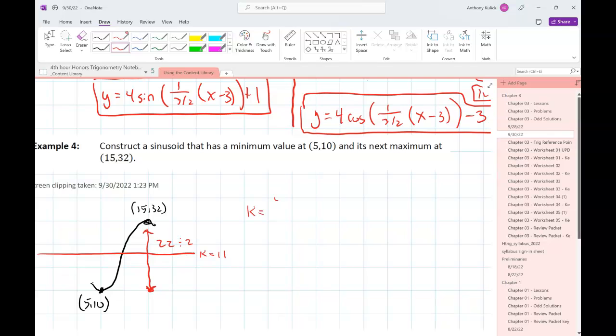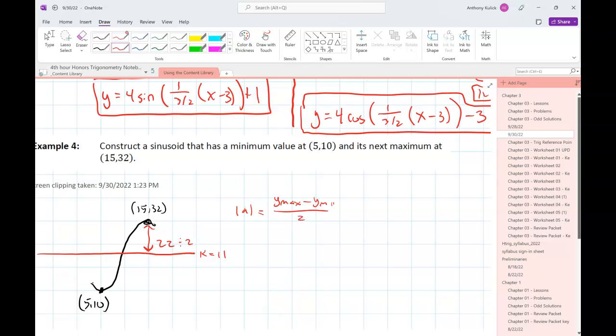On the graph. Oh, no, I'm sorry. We didn't do that. We found A. My apologies.